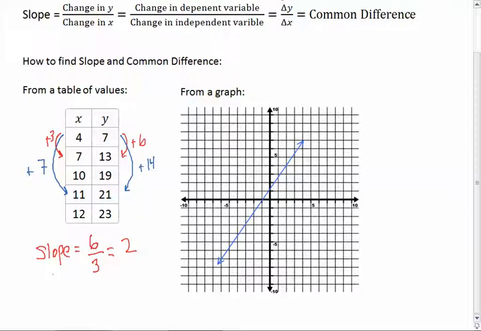So we do the same thing here. What's the change in y? 14. What's the change in x? 7. What's 14 divided by 7? 2. So if you have a linear function, it doesn't matter which pairing you have. It's just change in y divided by change in x.